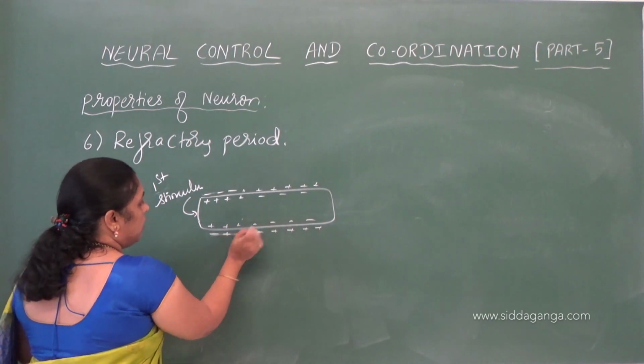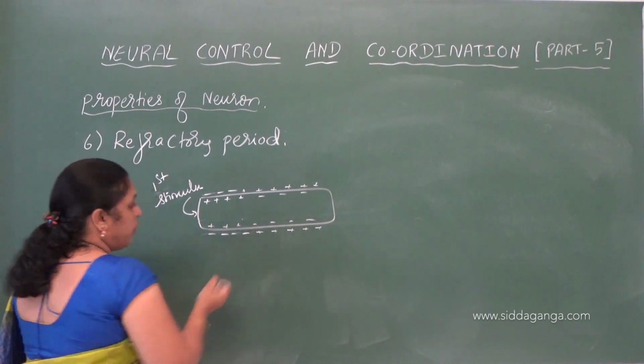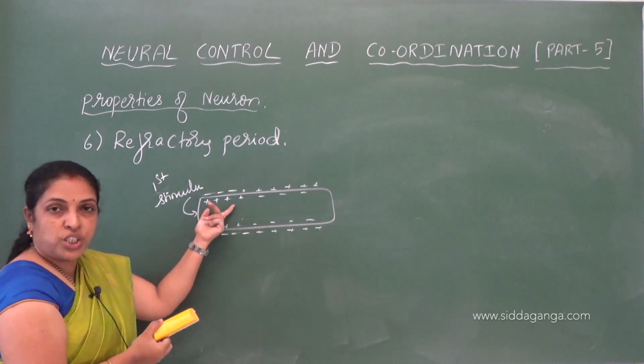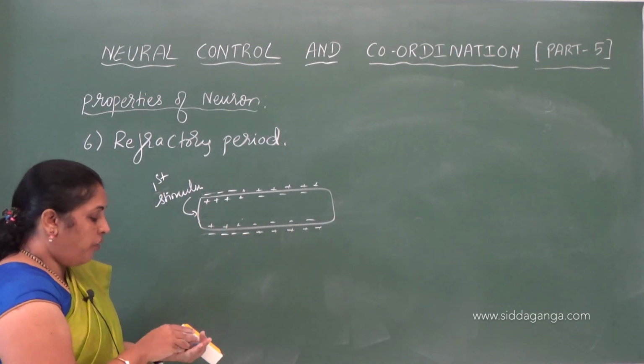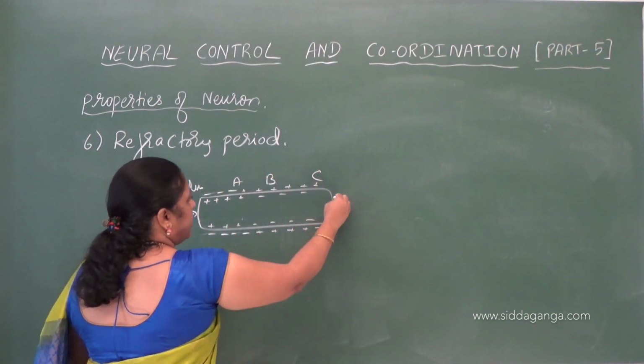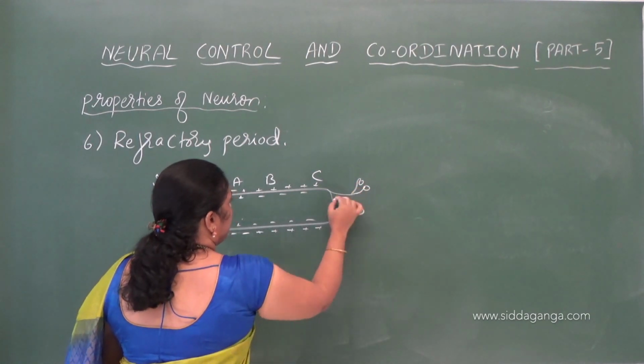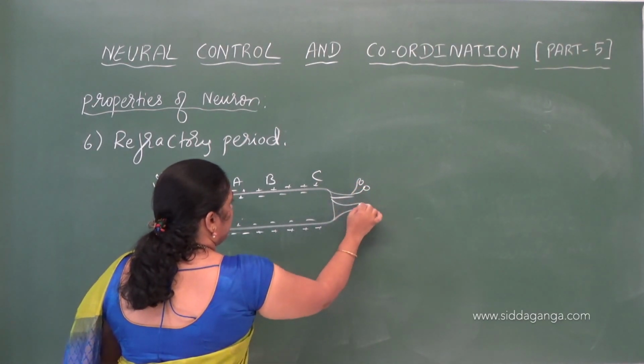So this area becomes depolarized and an action potential is generated here. After that it shifts from A to B, B to C, like that, till it reaches the axon terminals.